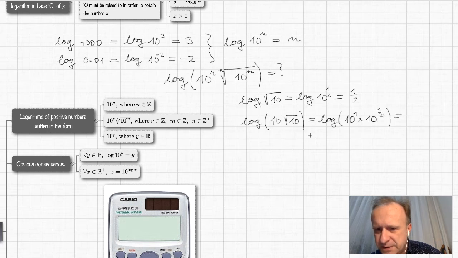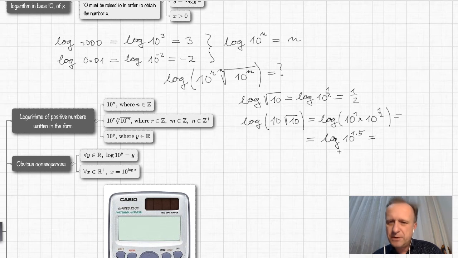And now you can see, using the power laws, that this is the logarithm of 10 to the power of 1 plus 1/2, so it's 10 to the power of 1.5. And you see that the answer to the question, what is the logarithm of 10 to the power of 1.5, is just 1.5. So you can have a number like that as the answer for what the value of the logarithm is.